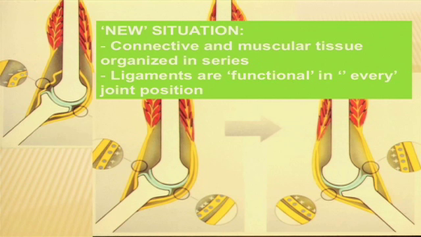So the connective and muscular tissue are organized in series, which means the ligaments then can be functional in every position of the joint. Next, please.